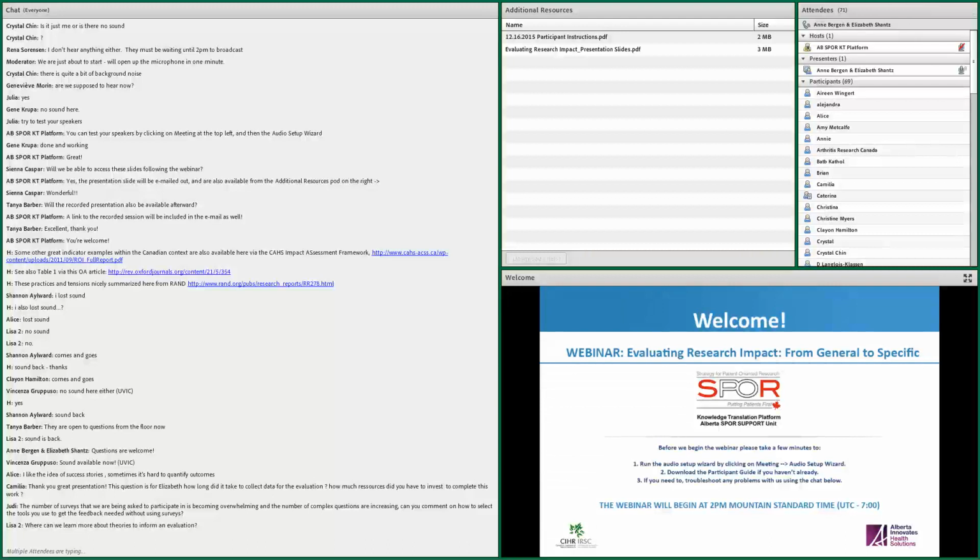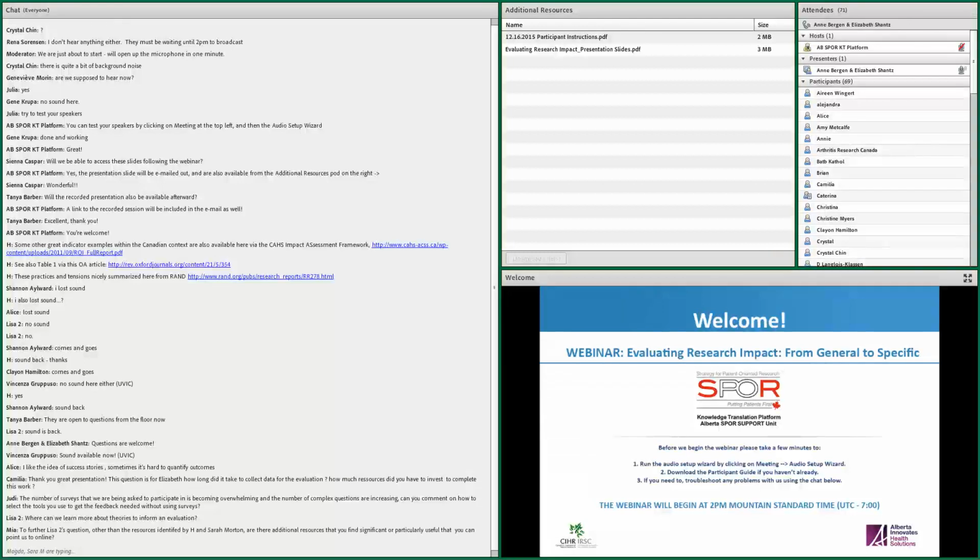So going down the list of questions, Elizabeth, how long did it take to collect data for the evaluation, and how many resources did you have to invest? Oh my goodness. A long time. It was over a year and a half of solid data collection between the three phases. Longer than that to set our indicators, set up our database, and input everything into the database.